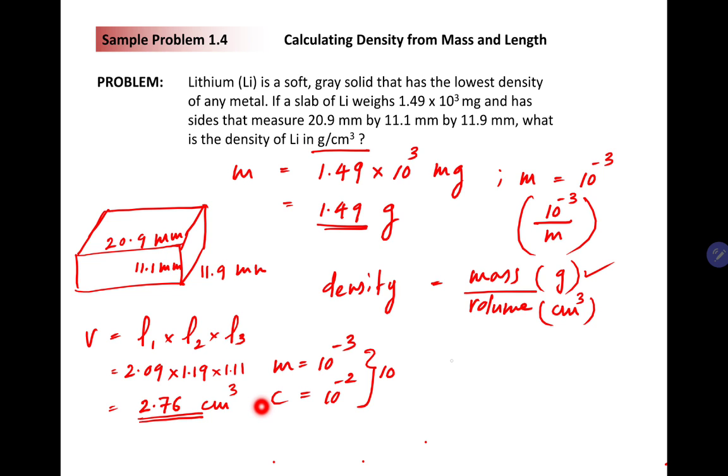And then density is 1.49 grams divided by 2.76.